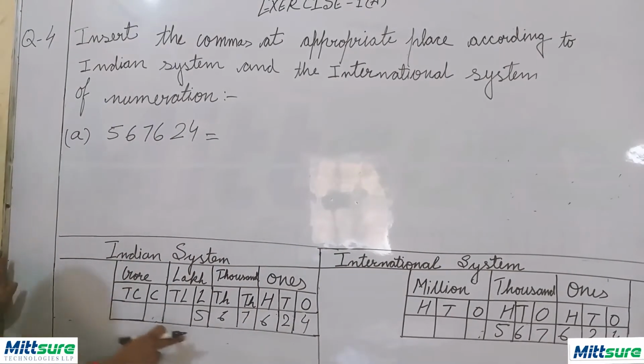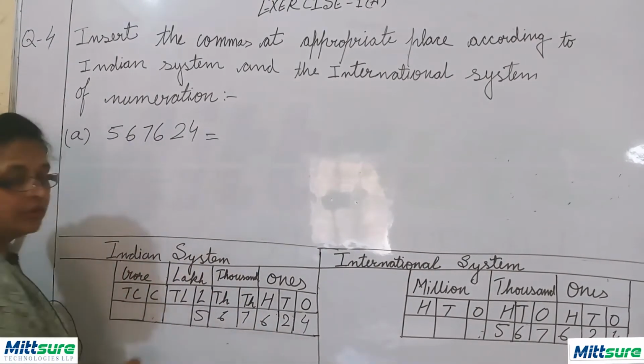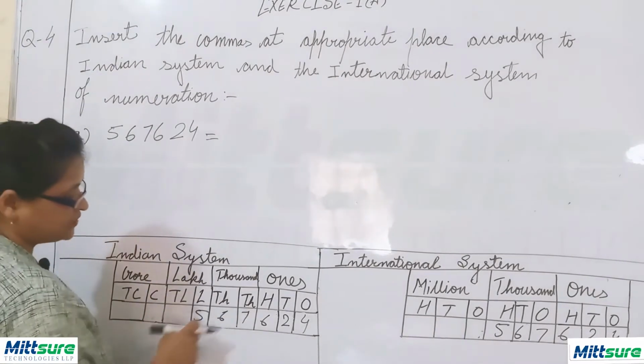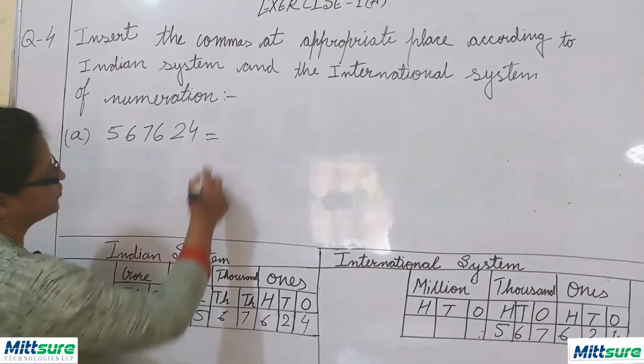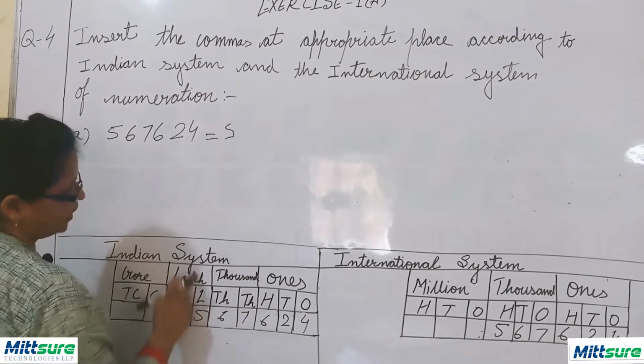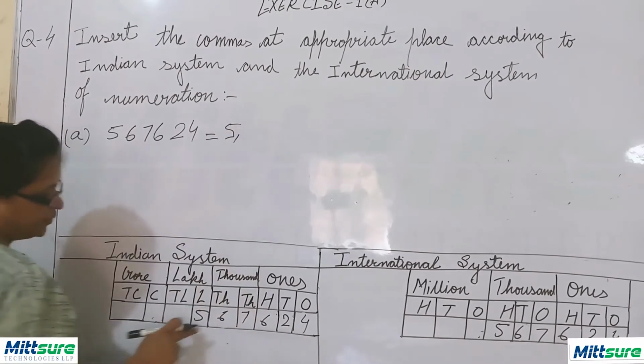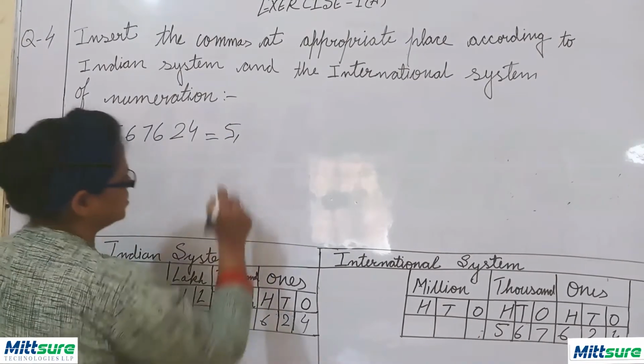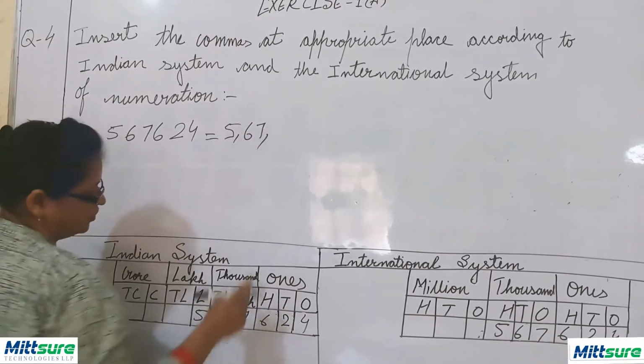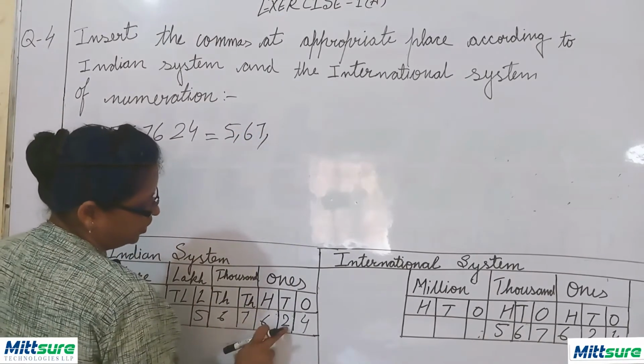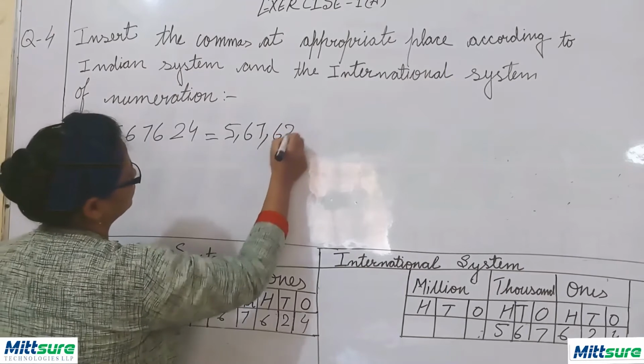Now if I write this number according to the comma place values, this will be 5,67,624.